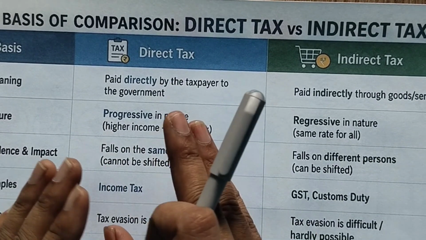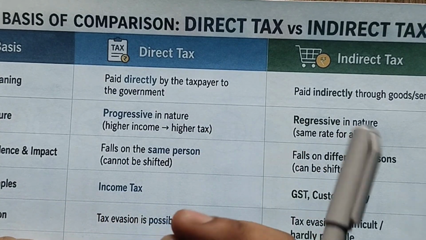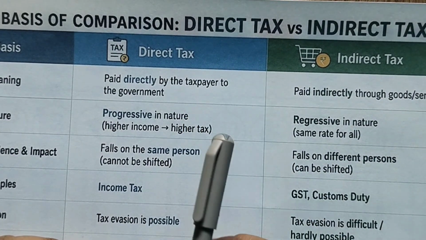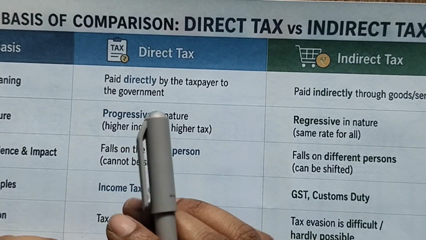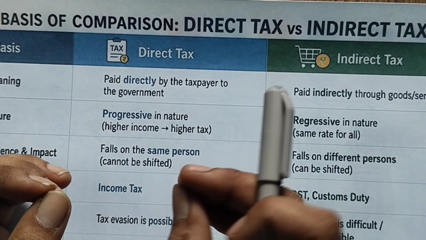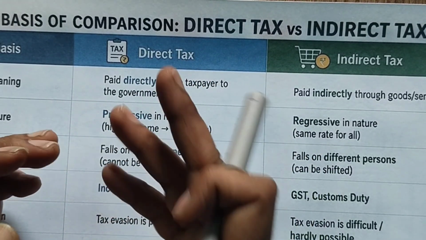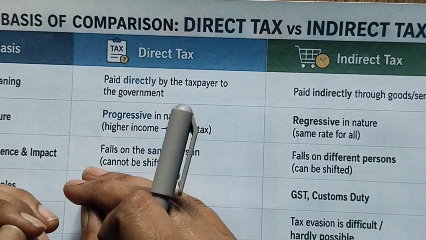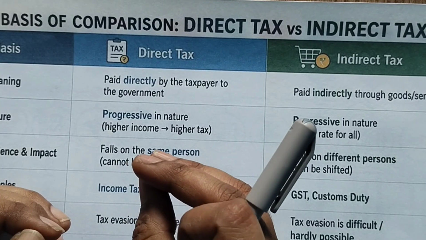And indirect tax, if you see, here the consumer is the final bearer of the tax, right? The final consumer. And he is not paying directly. Example, you purchased 100 rupees of toothpaste from the shopkeeper. For that, you have paid GST. Now, the shopkeeper collected 100 plus 18% of GST.